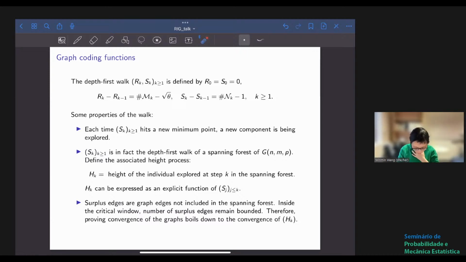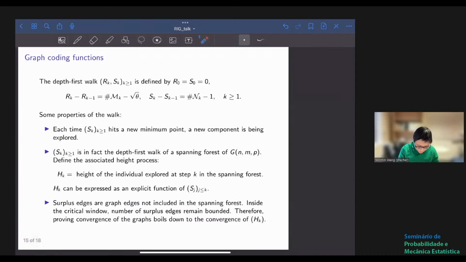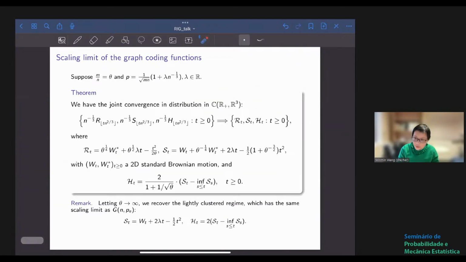That is usually the strategy, and from there you can automatically deduce the convergence of the graph in the Gromov-Hausdorff topology. And here is the main result concerning the scaling limit of this coding process. As I said, we're in the moderately clustered regime, so m over n is given by this ratio theta.